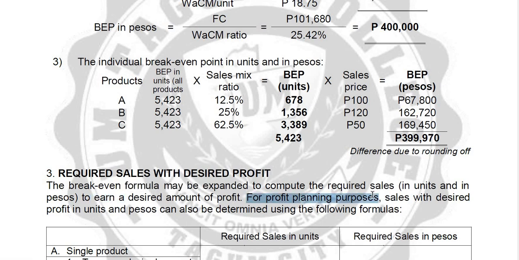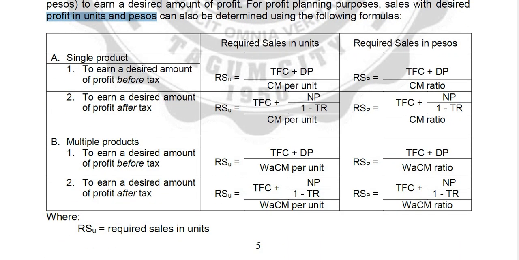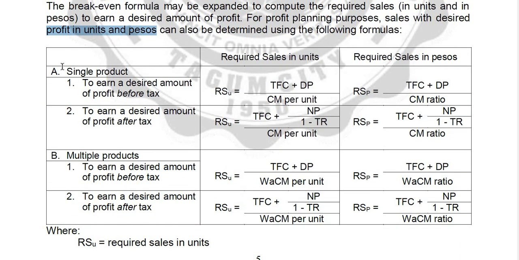So for profit planning purposes, sales with desired profit in units and pesos can also be determined using the following formula. If we look at this, the formula for profit planning is just a modified break-even point formula.